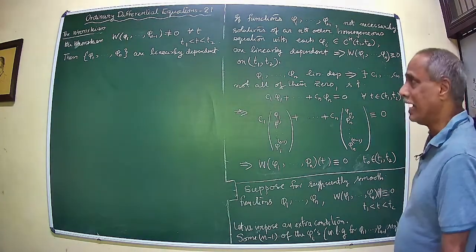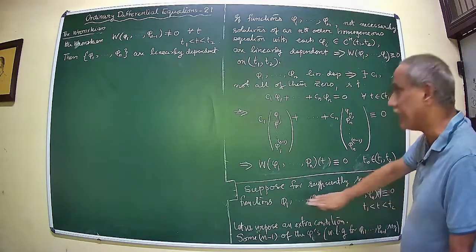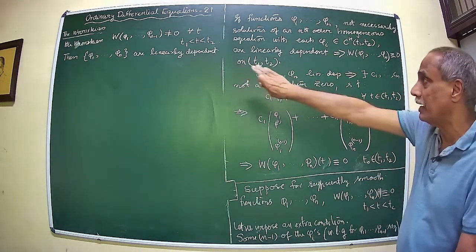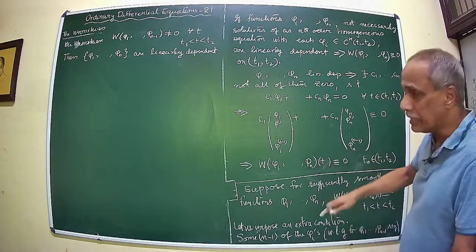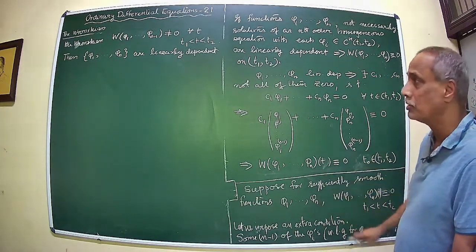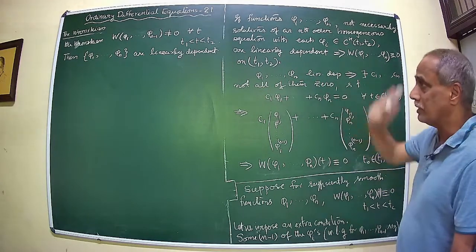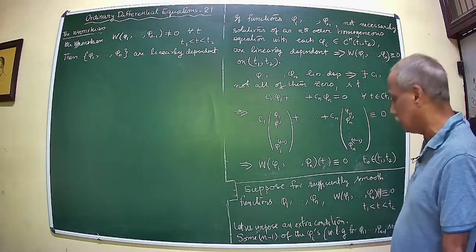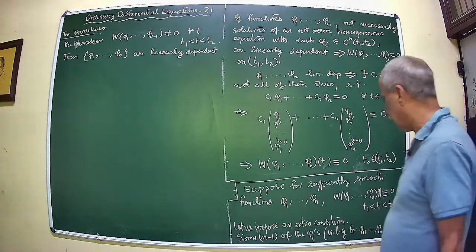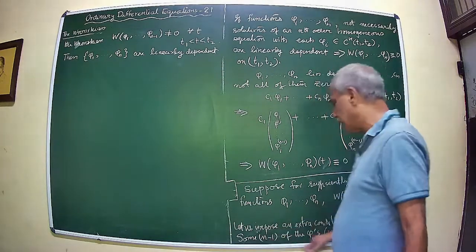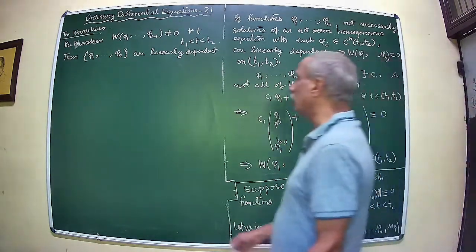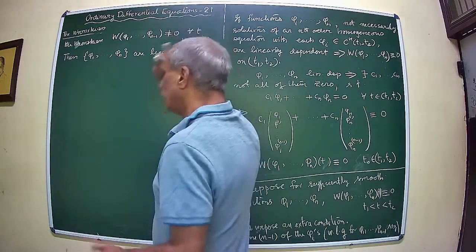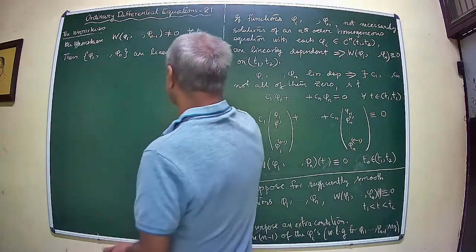You cannot say with that condition alone that they are linearly dependent. So what more is to be assumed so that you can get that inference? The further assumption is that some n minus 1 of the phi i's have their Wronskian not equal to 0 for every t. If that is also true, then this is true.